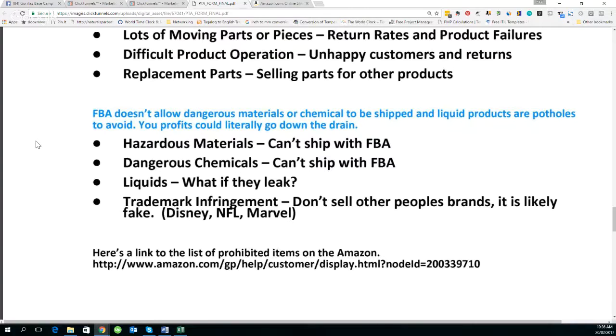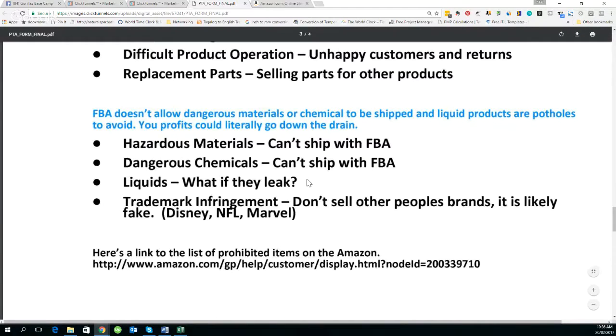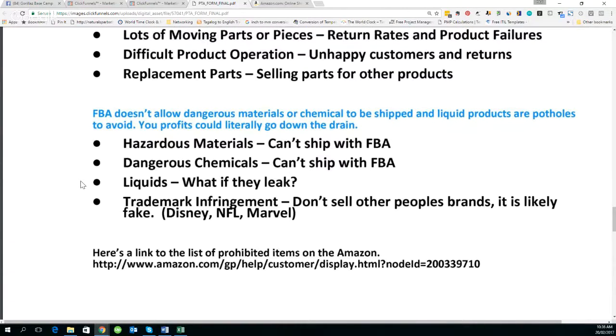Potentially it's going to cause an absolute nightmare. To start with, you're going to lose your product because Amazon won't accept it. They'll say, this is leaking, we're just going to get rid of that. So just don't go down that road to start with. There are ways around it, but that's later on. Let's get more experience first. So steer clear of liquids.